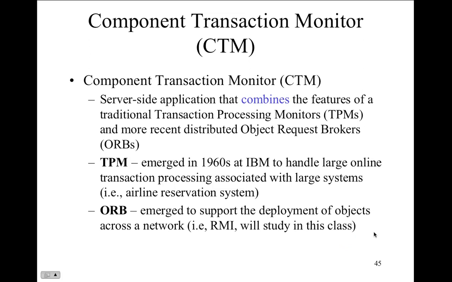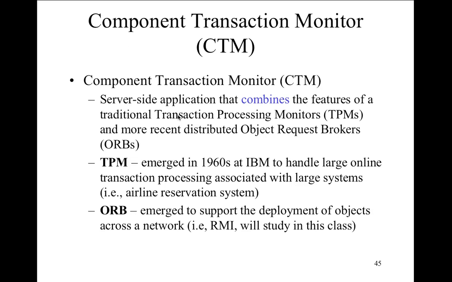So we have component transaction monitoring that occurs. What in the world was that referring to? Well, it's the server-side application that combines the features of traditional transaction monitoring and more. It actually has to, for recent distributed object request brokers, ORBs. Component transaction monitoring is similar to transaction monitoring or concurrency control.